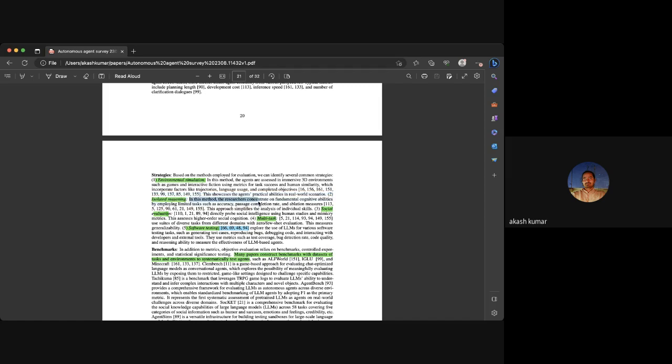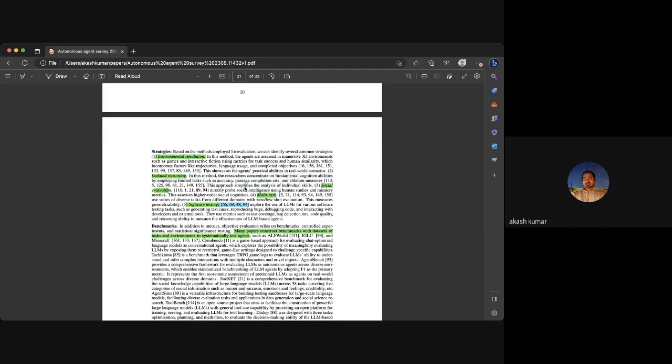In this method, the researchers concentrate on fundamental cognitive abilities by employing limited tasks, with measures such as accuracy and passage completion rate. So basically, checking its performance on a very specific use case or a very specific problem.